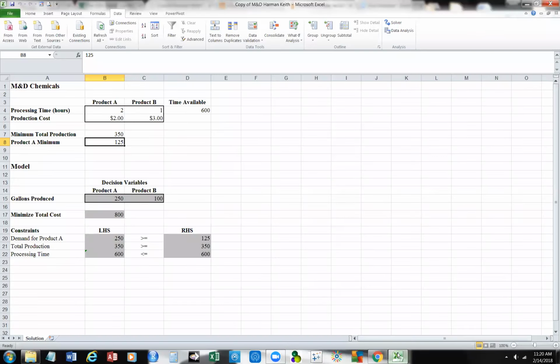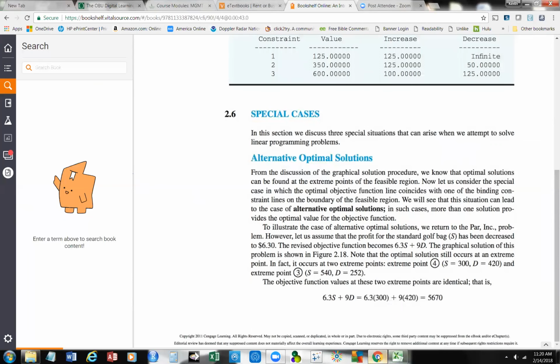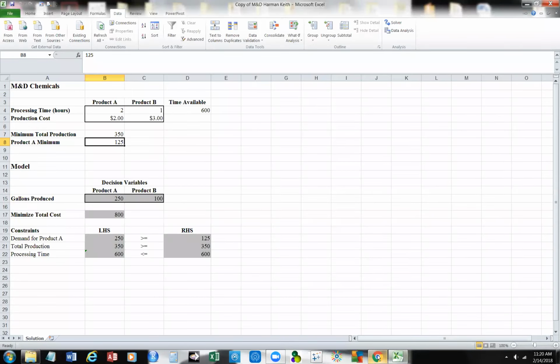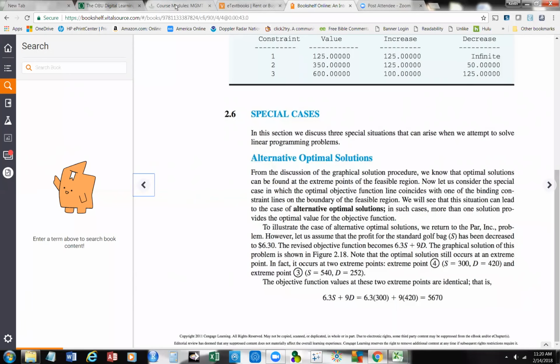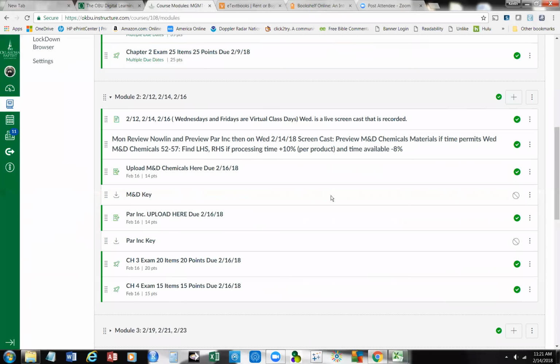Well, let's look at this again. Now, what I'd ask you to do was to make some changes. Let me go back up here, and we'll go over to M&D Chemicals, time permits. Find the left-hand side and the right-hand side at the processing time. There you go.